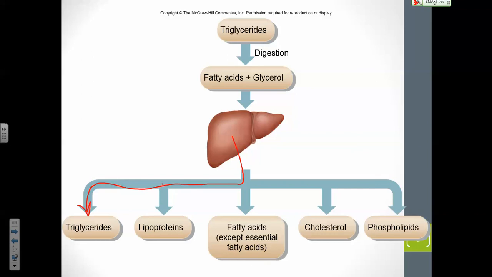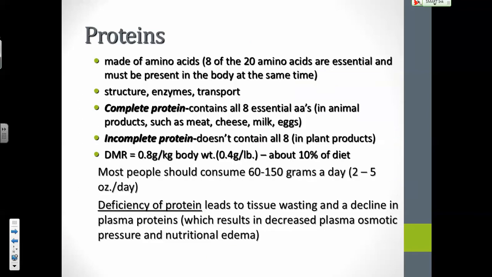Or it can form various lipoproteins, like surfactant is a type of lipoprotein. They can interconvert to other fatty acids that you might need for various things, except for the essential ones. So you got to have some already formed in your diet. They can be converted to cholesterol. It can be converted to phospholipids. Okay, so that's how your body utilizes all these triglycerides.